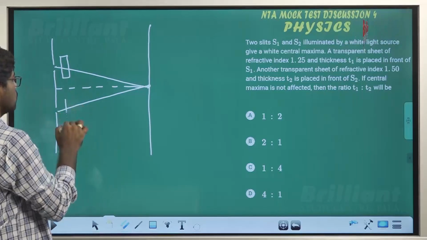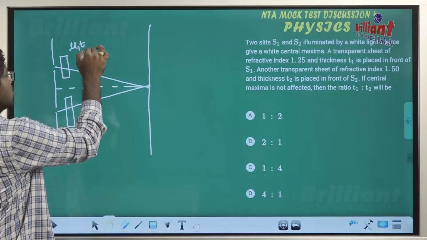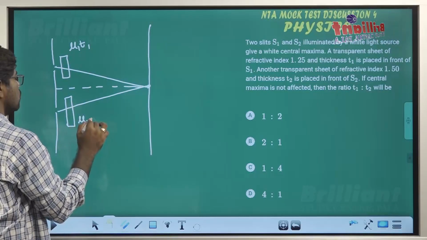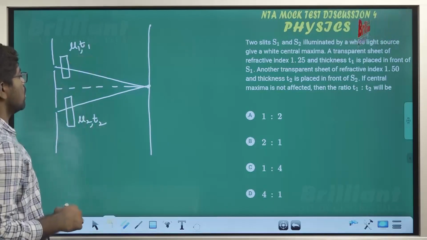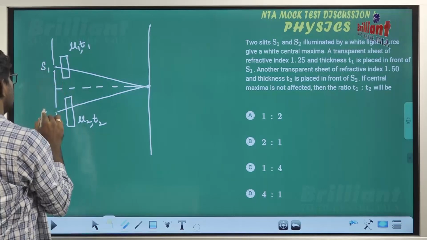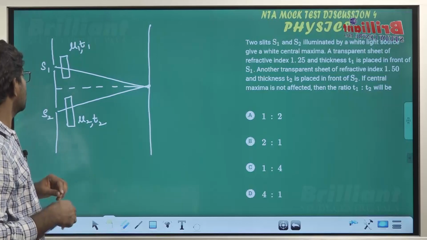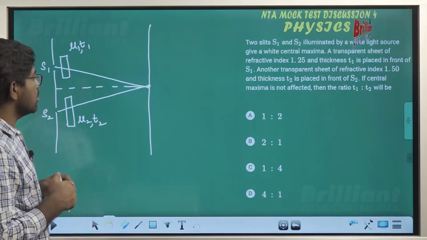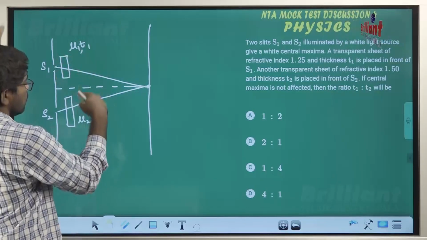Here you have kept one more sheet. This is nu1 with the thickness T1. This is nu2 with the thickness T2. S1 and S2. Now, if you observe here, what is the path difference between these two rays?